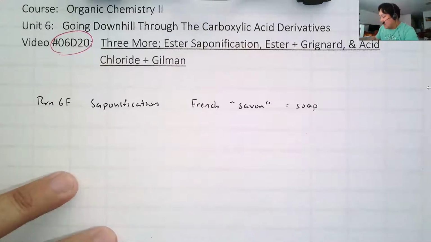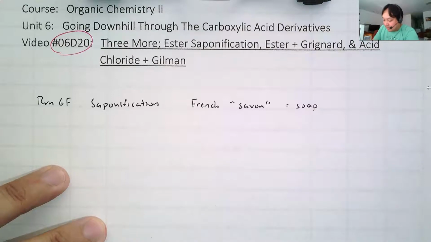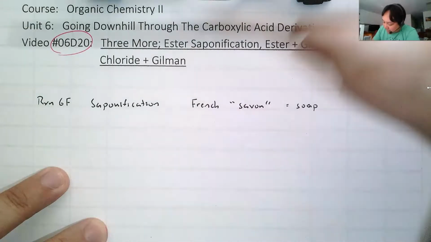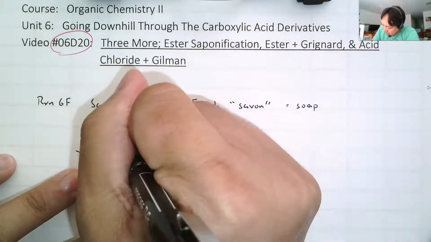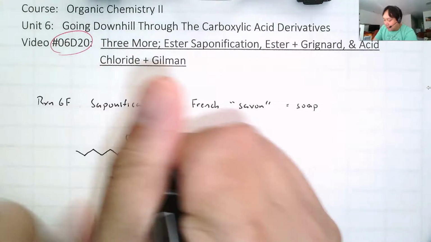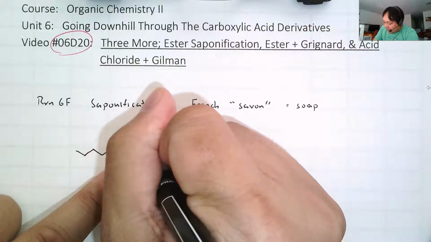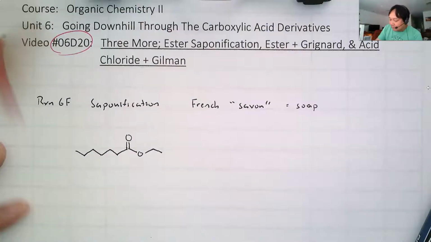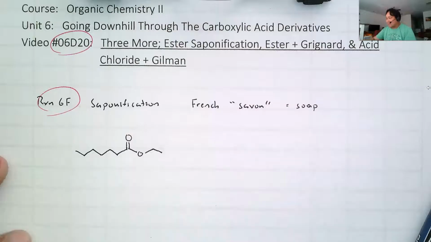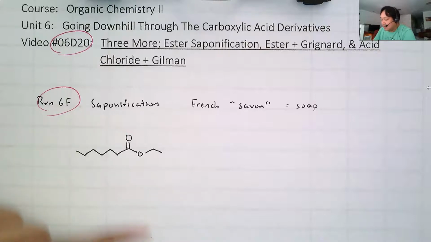What they did was they took animal fat, which is an ester. Let's take this ester here, animal fat, that typically has a long alkyl chain, and we'll make it an ester that looks like this. Next we're going to add strong base.